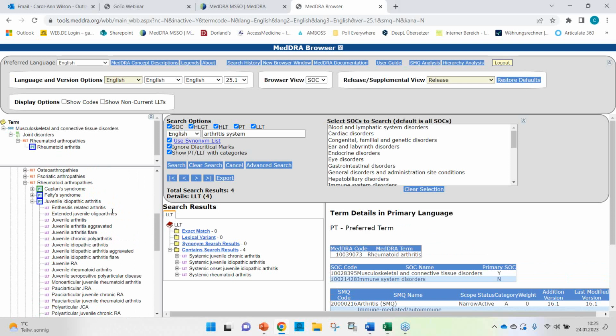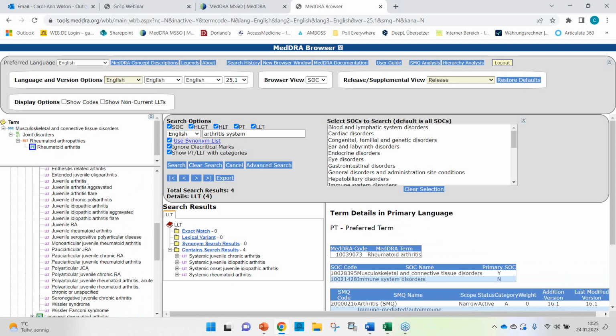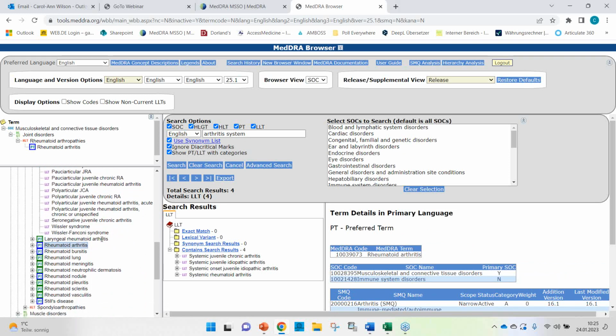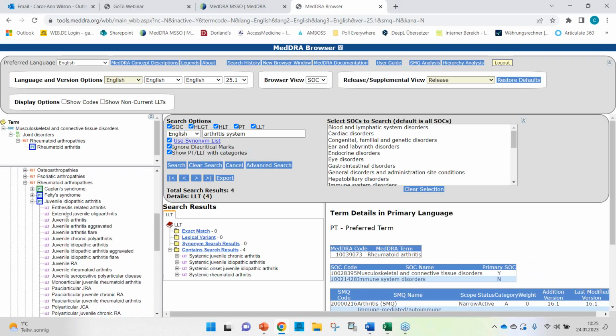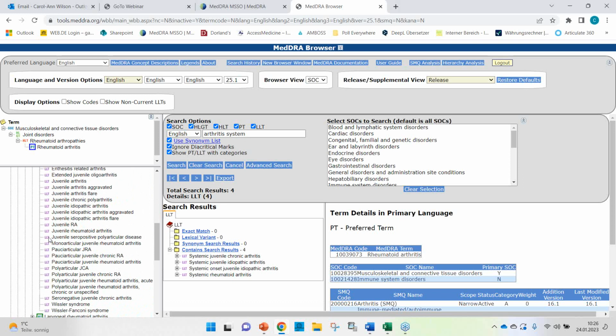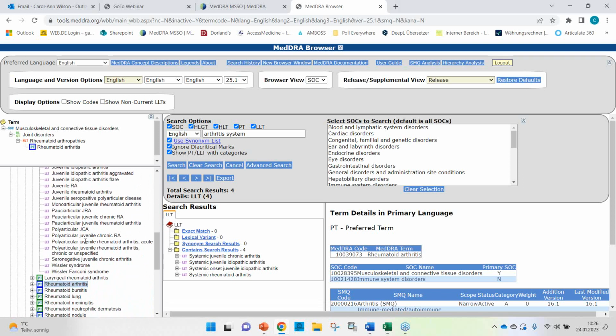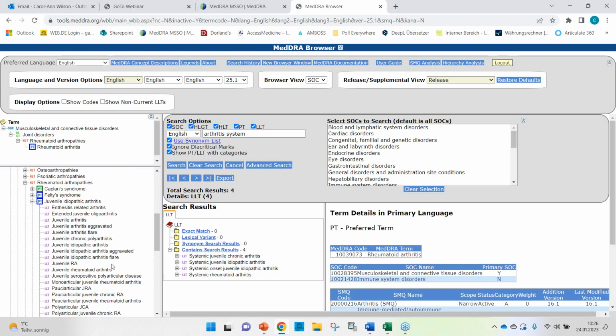Let's look into this PT now. And here we have all terms, polyarthritis, arthritic, idiopathic, chronic polyarthritis. So these all are grouped under juvenile idiopathic arthritis, and there's also seropositive polyarticular disease, but none of these terms really captures the fact that it's a systemic disease.